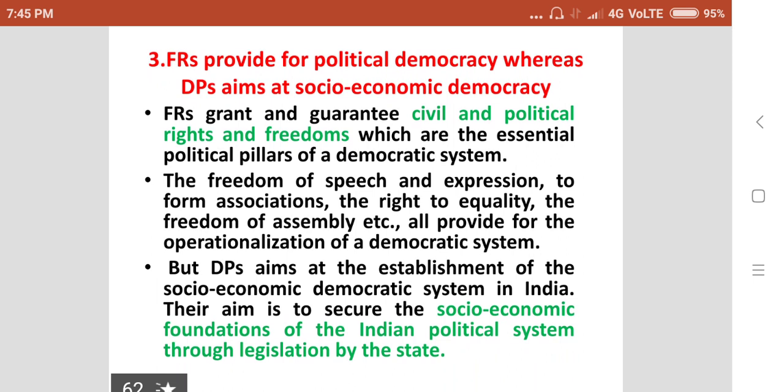Third difference, fundamental rights provide for political democracy, whereas directive principles aim at socio-economic democracy.